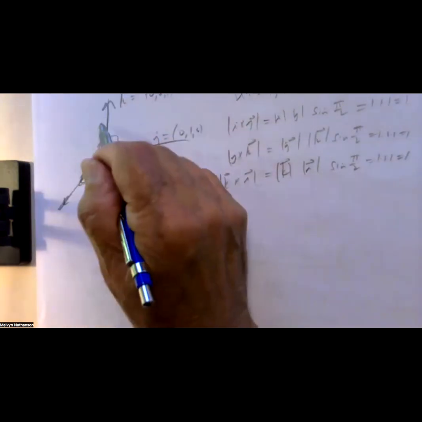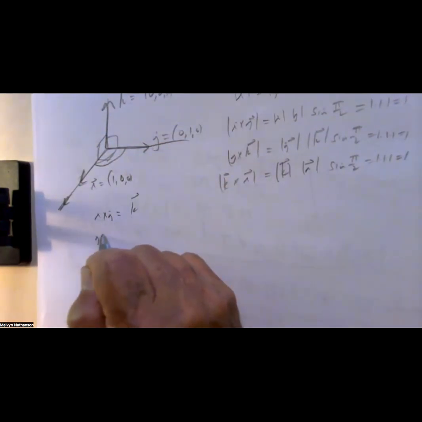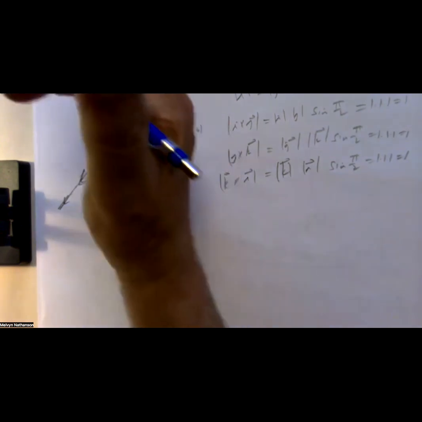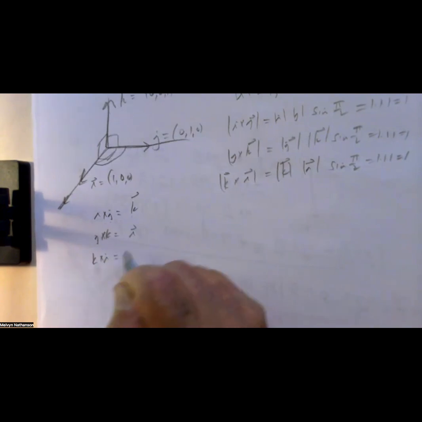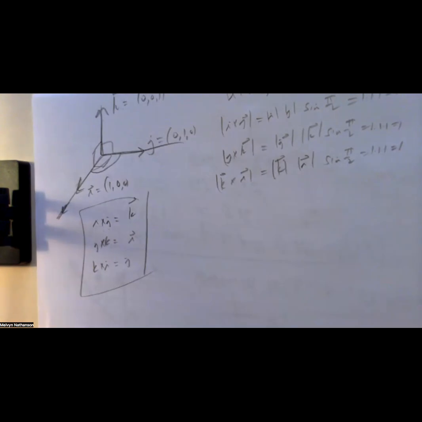If you rotate j into k, your thumb is going to point in the i direction. j cross k is equal to i. If you rotate k into i, your thumb will point in the j direction. So here we have this very fundamental fact about the cross products of these three unit vectors.